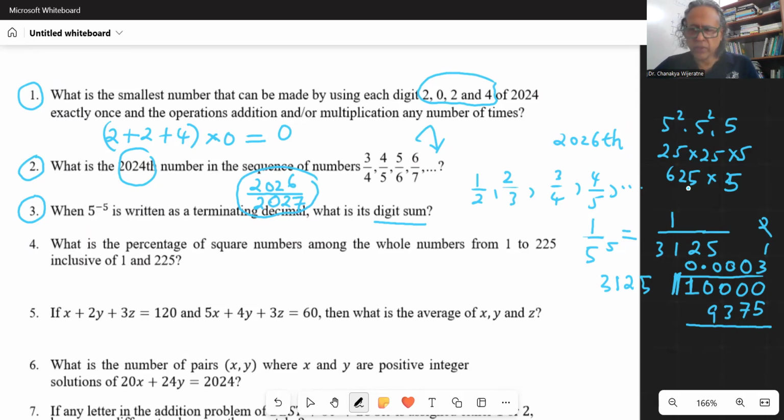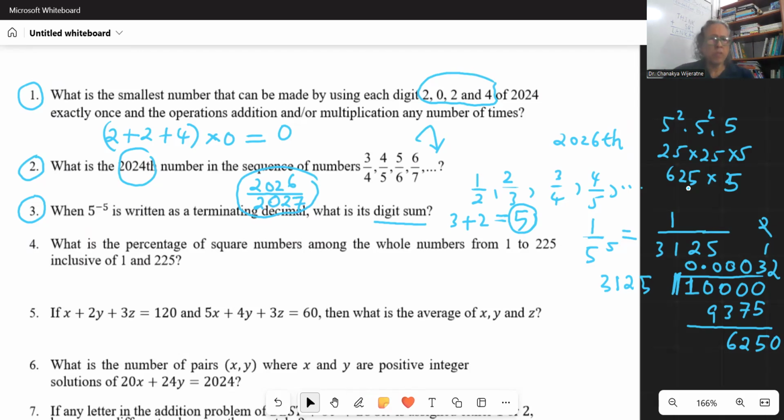And when you subtract, you get 5,972 minus 9,375, and then you get the result, right? So this is 5 to the negative 5 as a terminating decimal, and the sum of its digits is what? So 3 plus 2 is 5, and that's the answer, right?